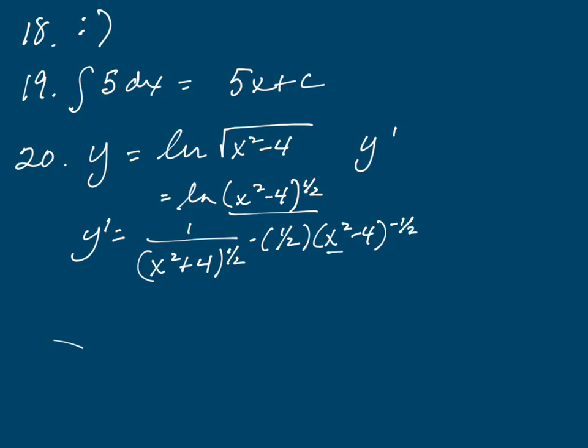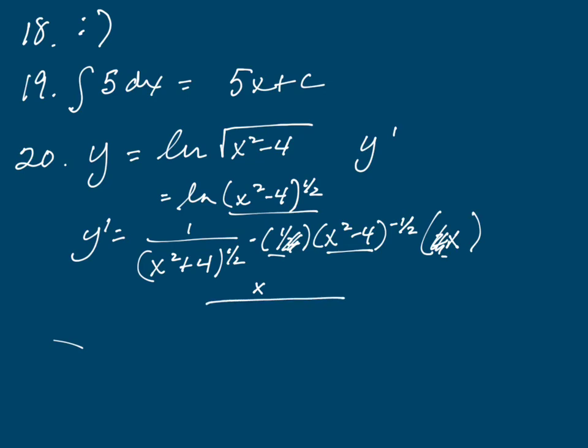And then chain rule again, times 2x. Okay, I think that's everything. So let's try to put that all together because it's all multiplication. So on the top, this 2, this 1/2, and this 2x goes away. So I have an x on the top, it looks like.